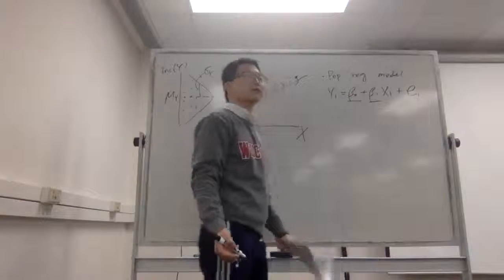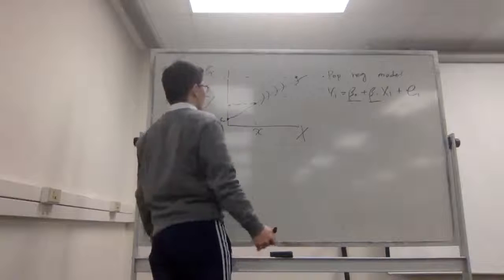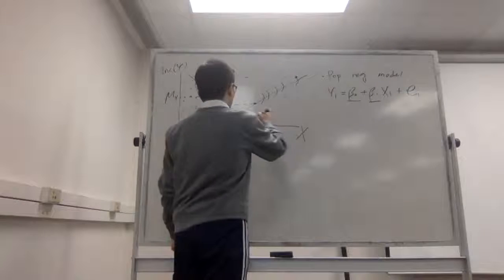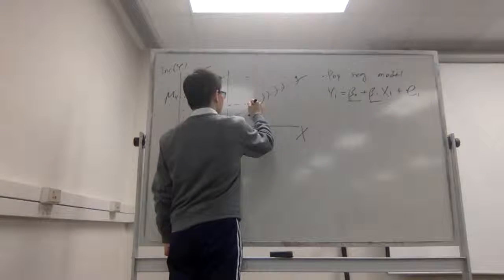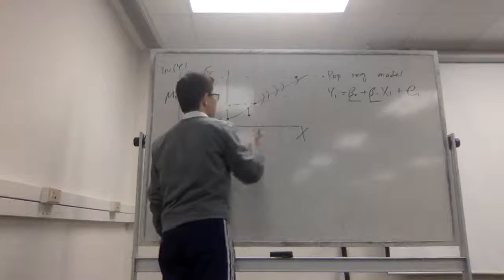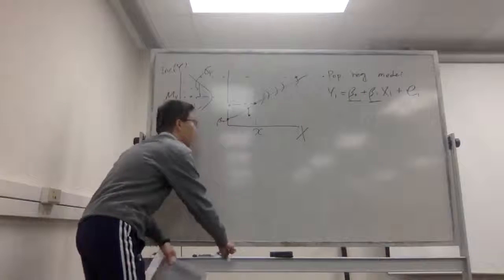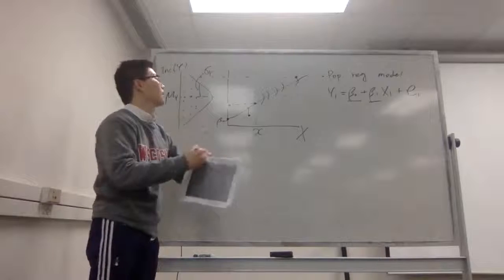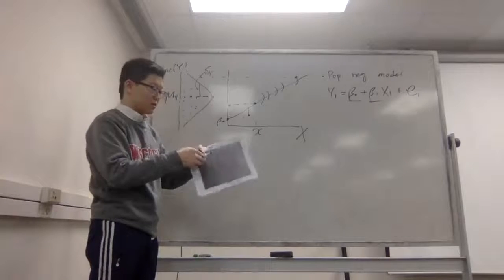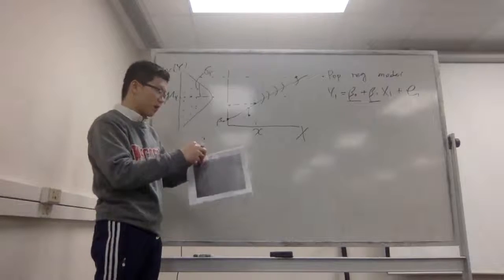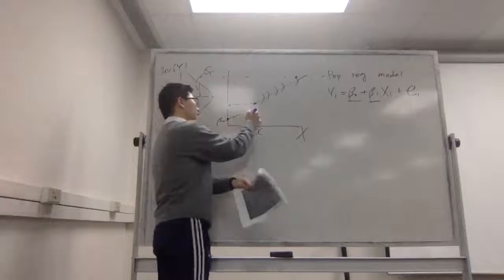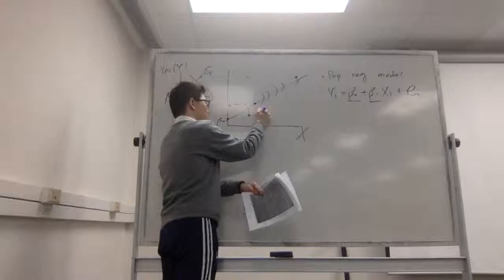All right, good. And then ei is basically the difference between the predicted value and the observed value.